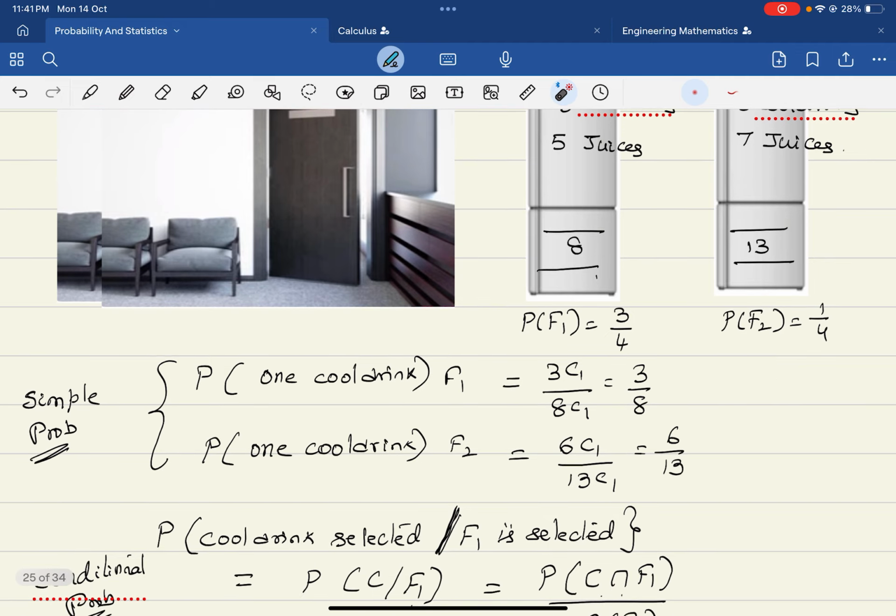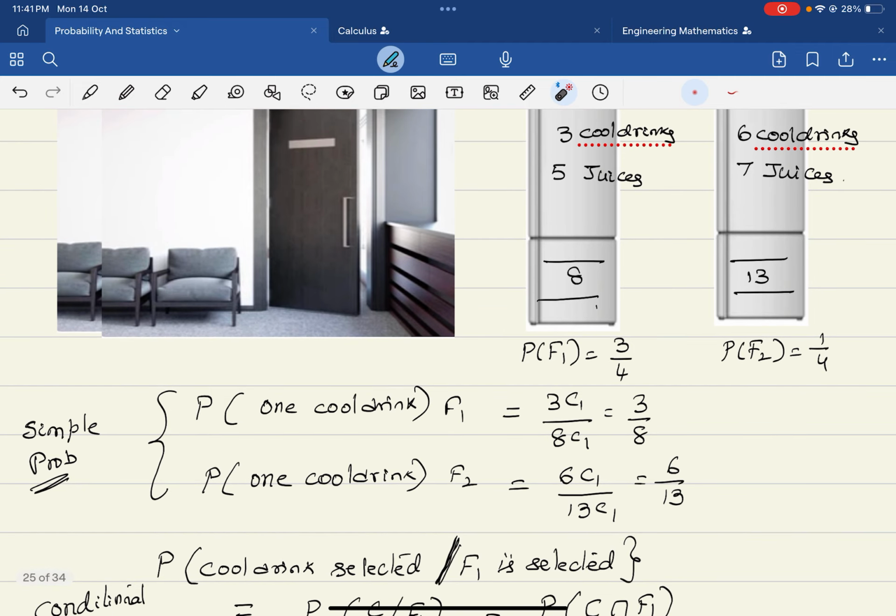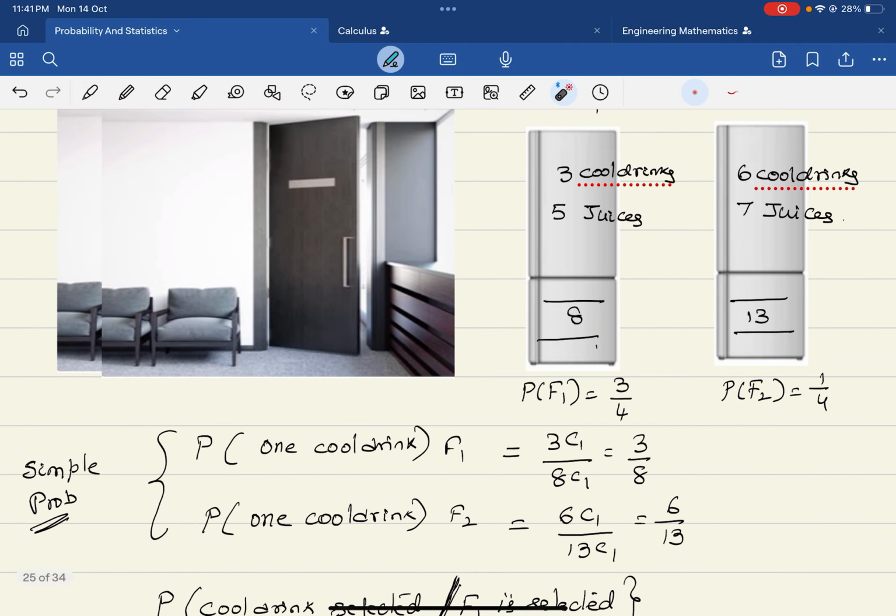Now, let us come to one sentence; try to understand it. Somebody has given you a condition: I have already selected fridge 1. Now you select the cool drink from fridge 1. Because there is an order, there is a condition here that I have already selected fridge 1.